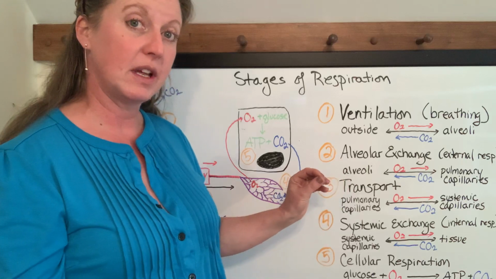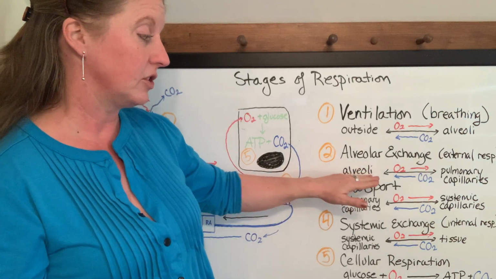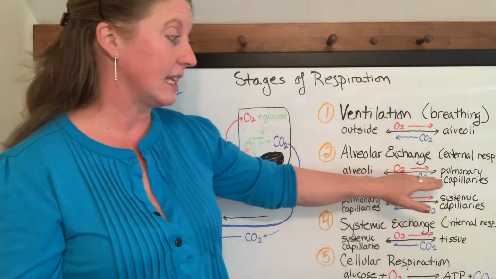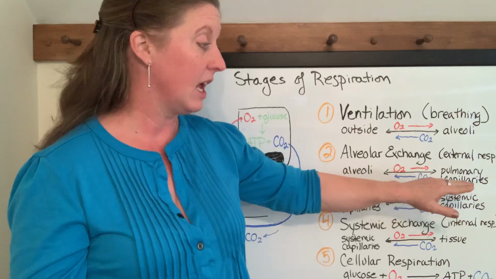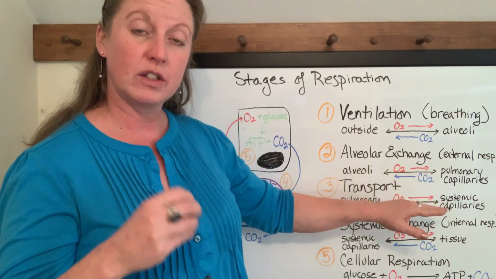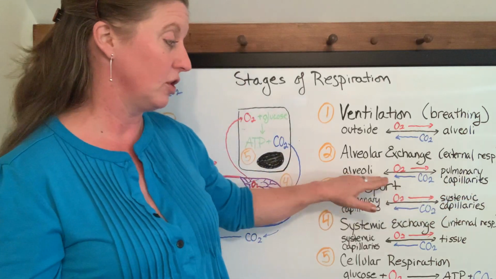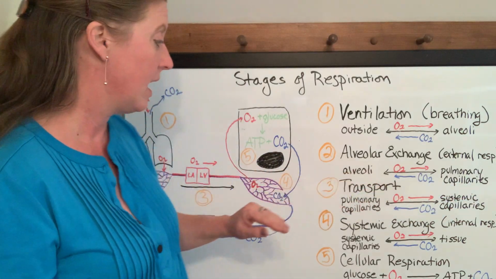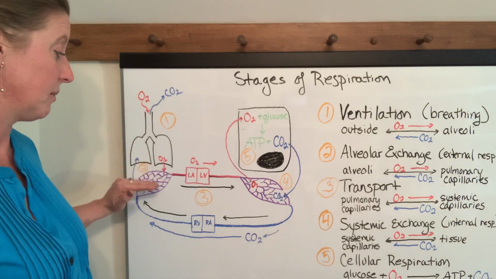And just like in ventilation, the two gases move in opposite directions. Oxygen moves from the alveoli into the pulmonary capillaries. We want the oxygen to come into the body. Carbon dioxide is on its way out of the body and therefore moves from the pulmonary capillaries to the alveoli. So we have alveolar exchange taking place here.